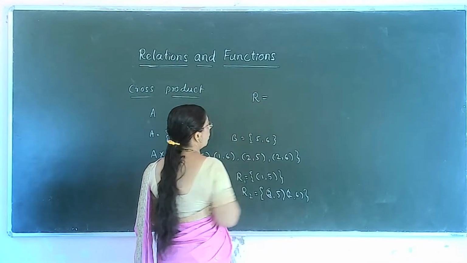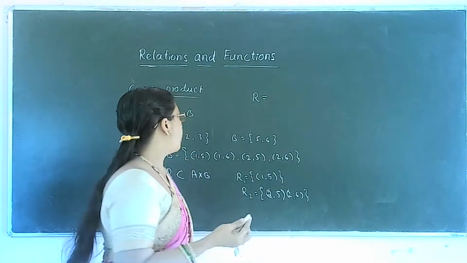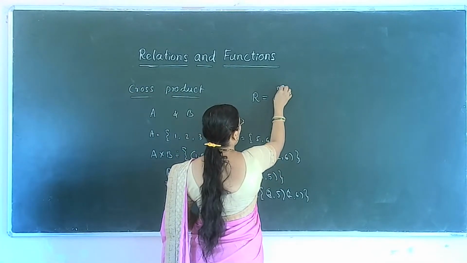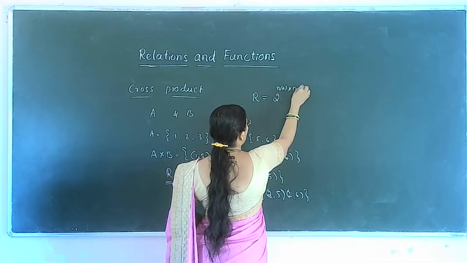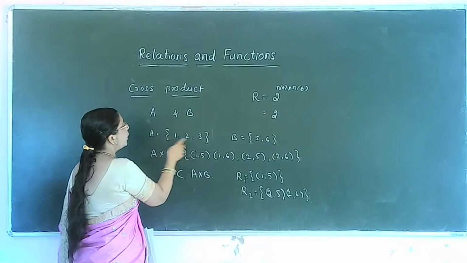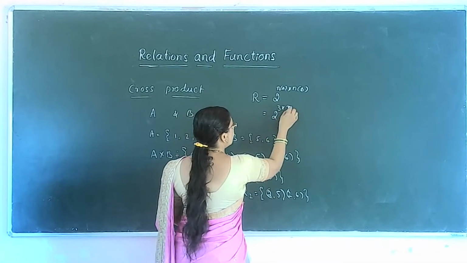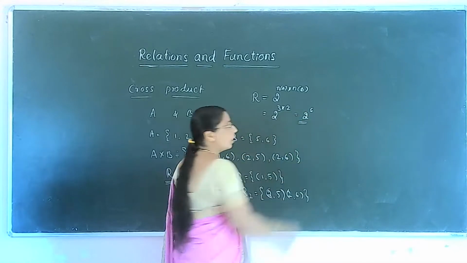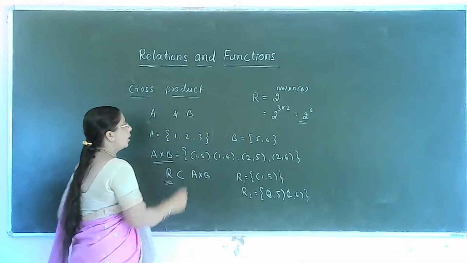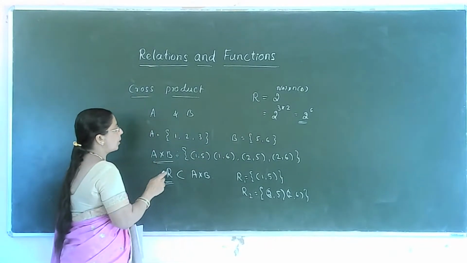The number of relations is equal to the number of subsets you can write here. That is 2 to the power n(A) times n(B). Elements of A is 3 and elements of B is 2. Therefore, 2 to the power 6 relations are there in A cross B.